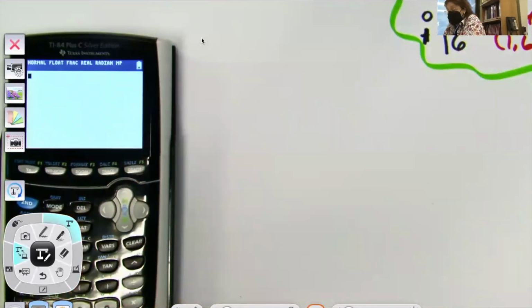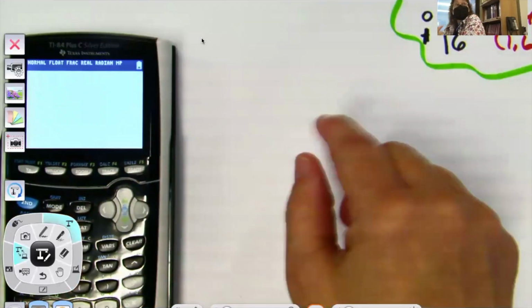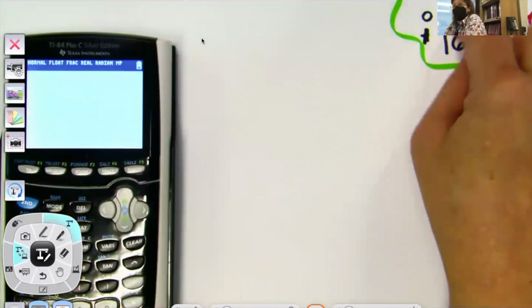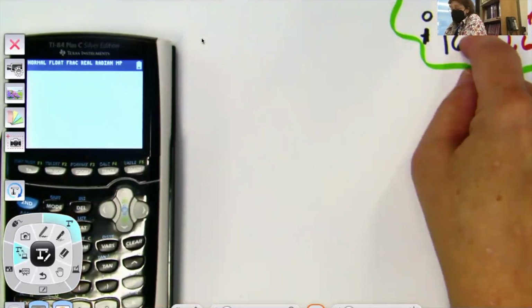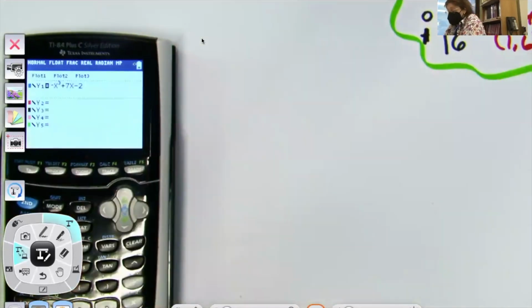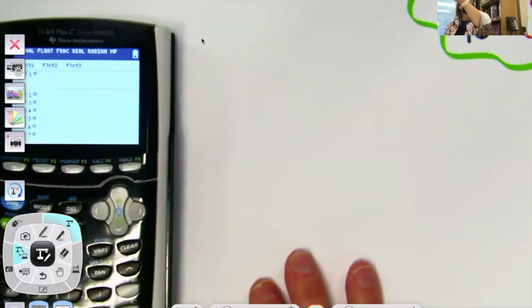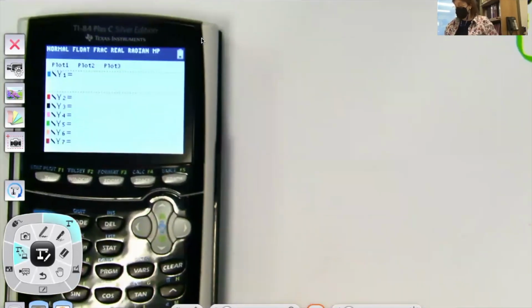So it's a very, very helpful thing. Now we just messed with y equals 2x plus 4. So let's go into y equals. Clear out whatever you have there, and then let's put in the 2x plus 4, because I just did that one by hand, so we know what the answers are going to be. So clear it out, put that in there.